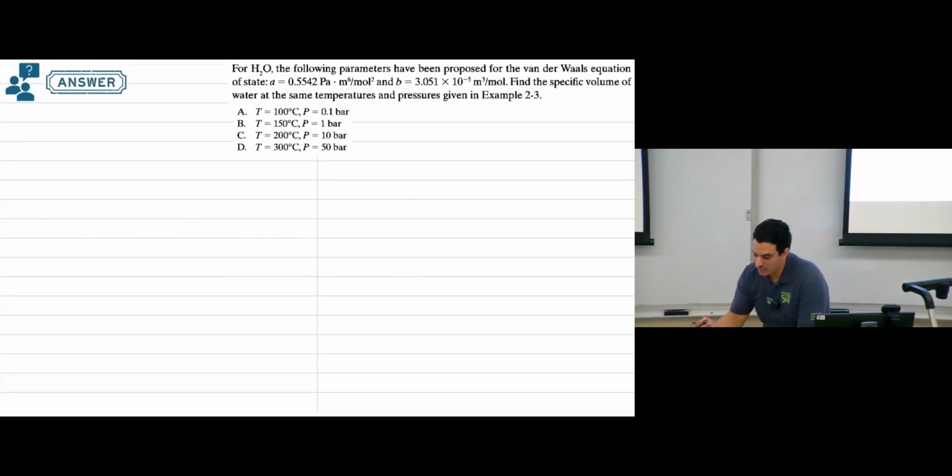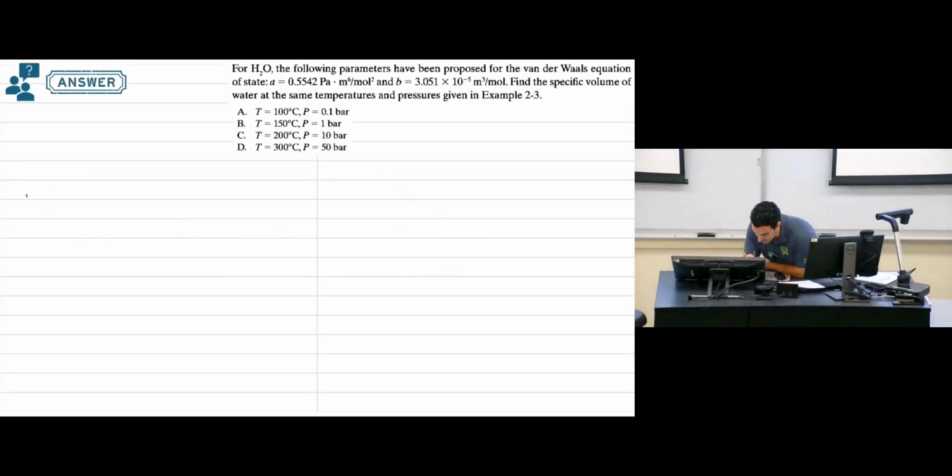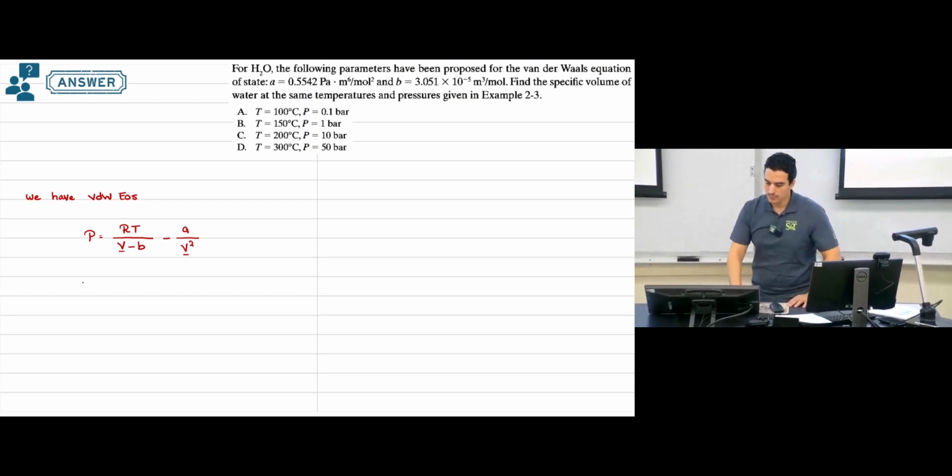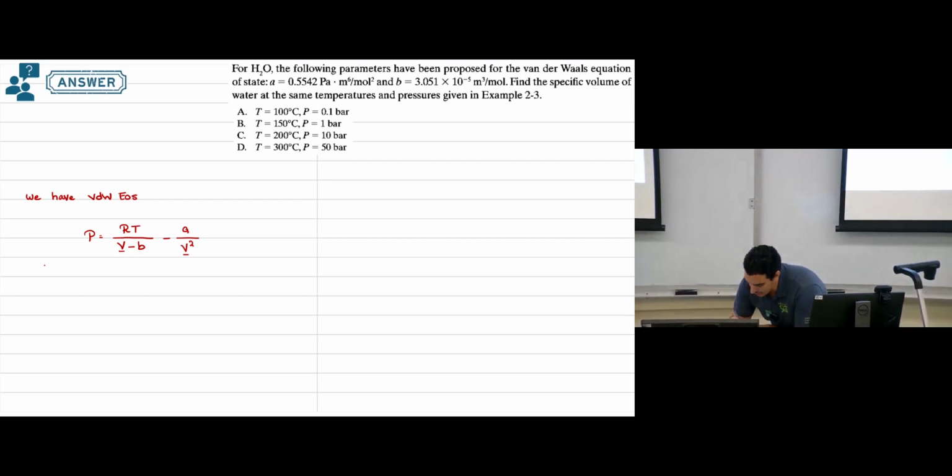The easiest thing is, we have the van der Waals equation of state. So we have P equals RT over V minus B, minus A over V squared. Okay.